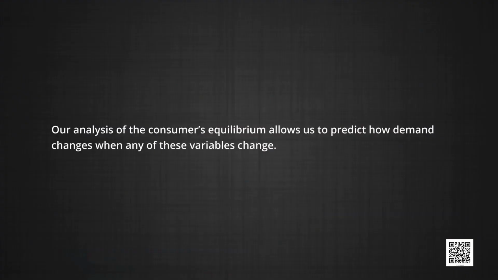Let us explore the effect of a price change on demand. So, if the price of the commodity changes, our analysis of consumer's equilibrium allows us to predict how demand changes when any of these variables change.